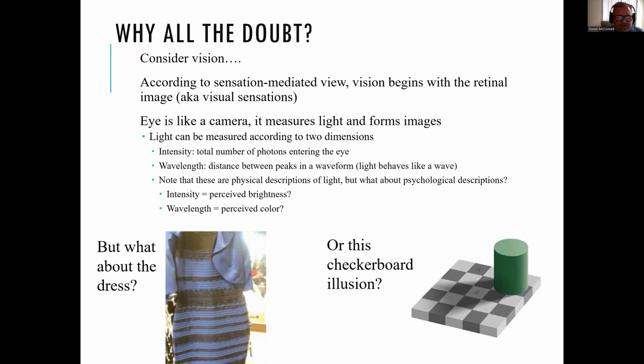Some people see it one way, some other people see it a different way. What's going on between sensation and perception that leads to that difference? Despite the identical nature of the sensory receptor response, perceptual judgments remain distinct from that, and there's room for difference and variation in perception, despite the lack of variation at the level of sensation.